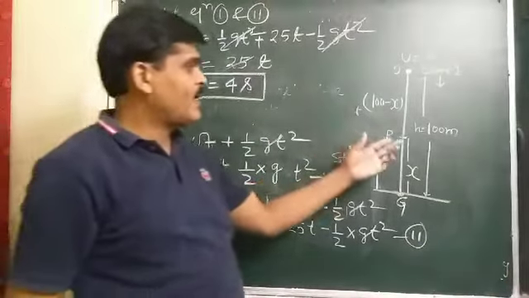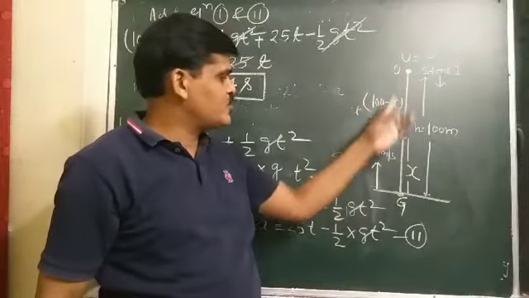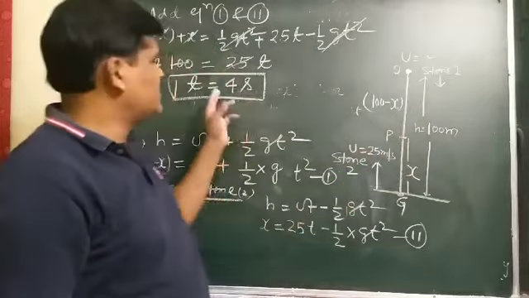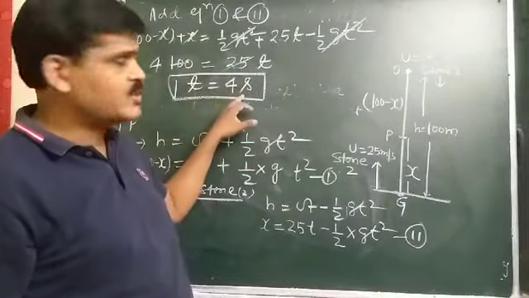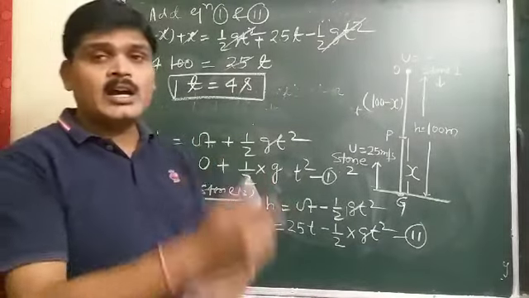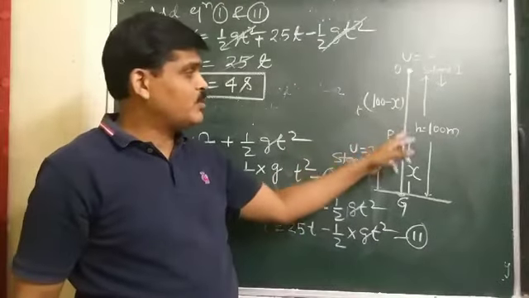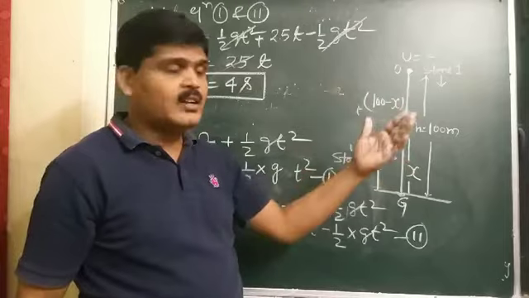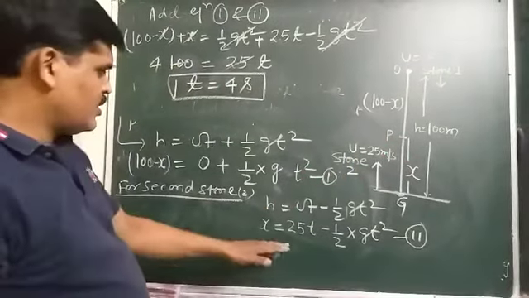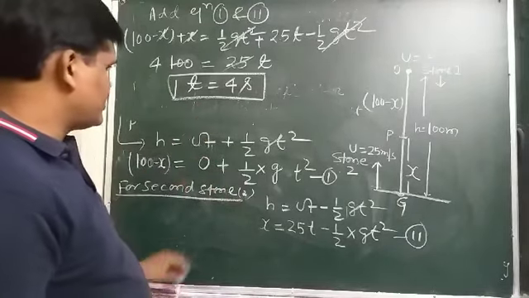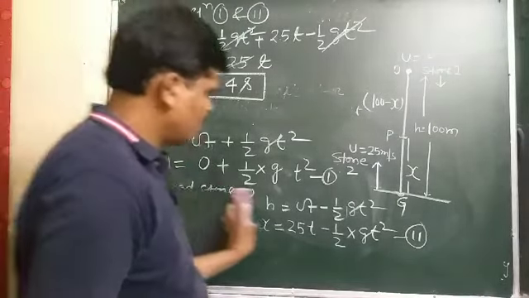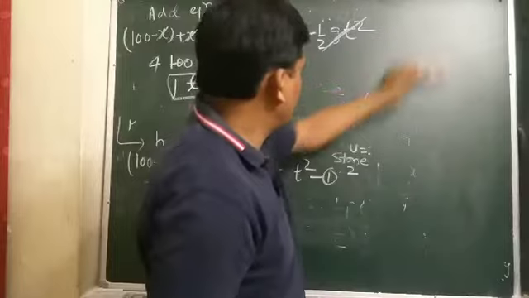So at what time will these two stones meet? These two stones meet after 4 seconds. This is the first answer. And where do they meet? Put the value of t in equation 1.